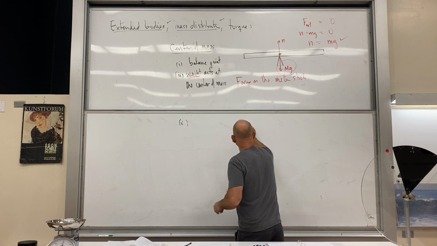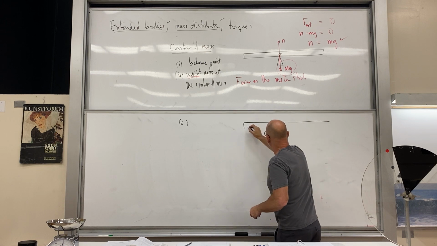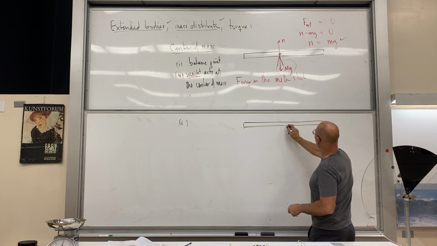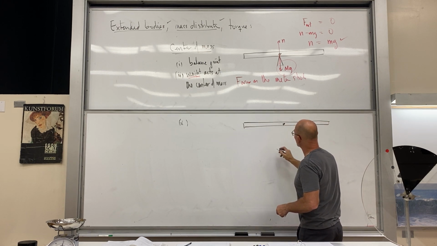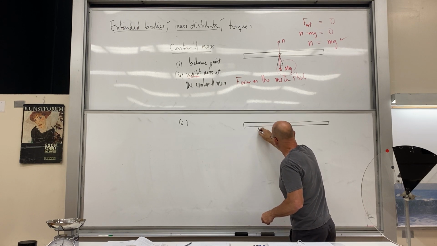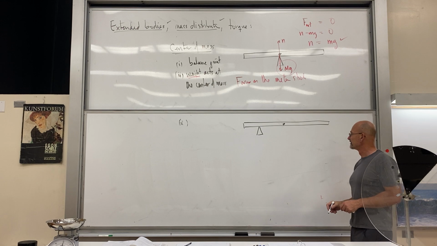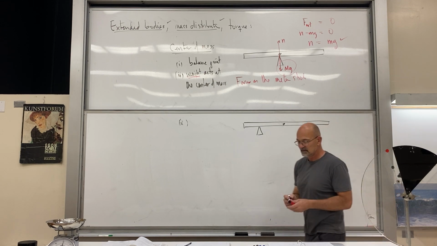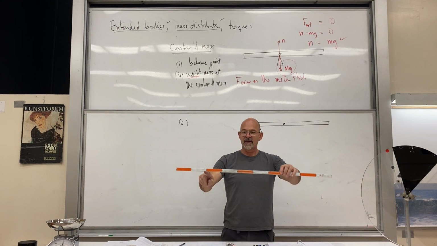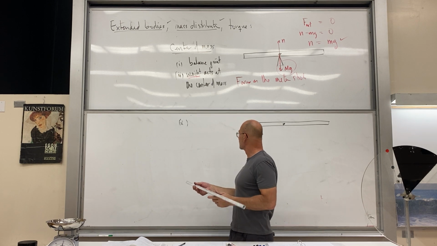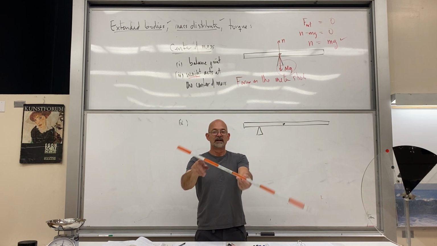We've got the same ruler, the meter. We now know that the weight is concentrated here. And suppose we want to balance it on this wedge. If I try that here, of course, it just falls.